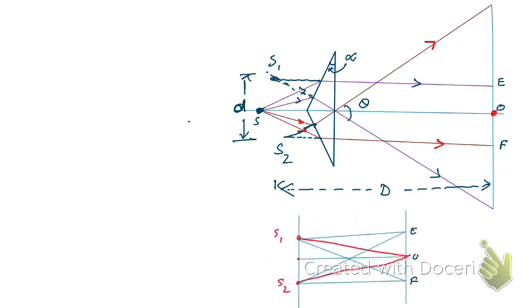Here these two sources are there, and here we are going to get the bright and dark fringes.